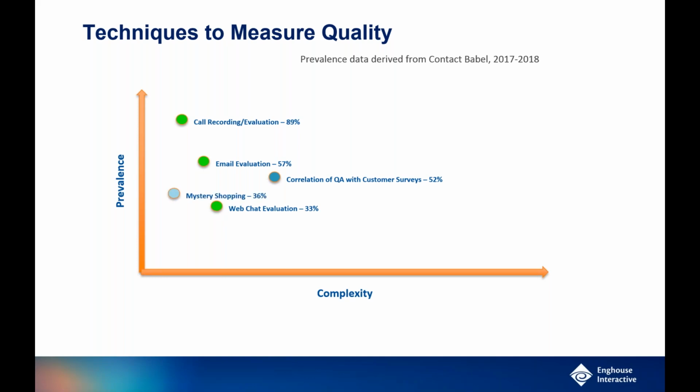And then there's an interesting one coming up called mystery shopping. And this is very easy to implement because it requires little or no automation and is done about a third of the time. Mystery shopping means actually acting like your customer, having employees of the business call in or text in or email in and see how they're treated, how they're handled by the automation and by the agents that you have in place for customer service.